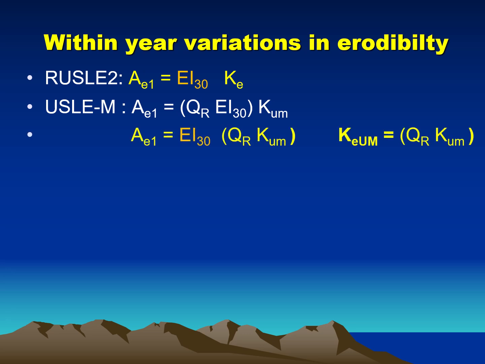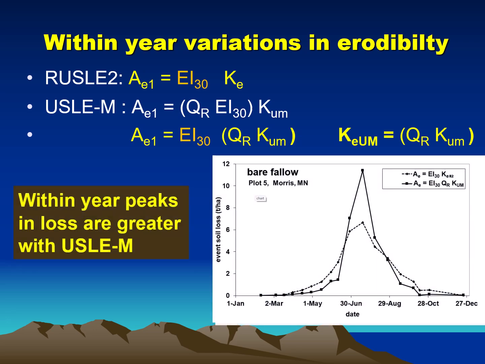However, you can rewrite that equation, and so you still have EI30 as the erosivity index, and erodibility is given by the product of Q_R and the long-term erodibility for the USLE-M. If you compare those two models for those design storms, you can see that the within-year peaks in soil loss are much greater with the USLE-M.